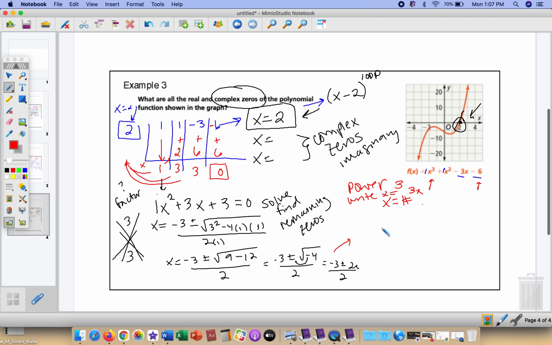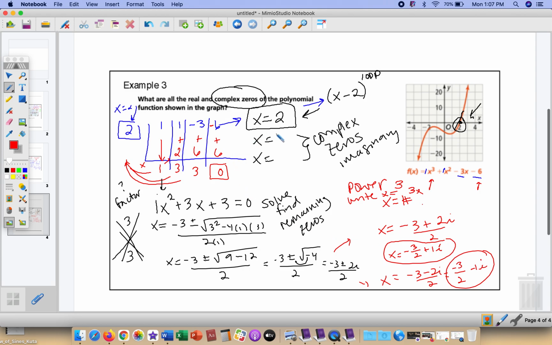If we said, okay, these are our values, x equals negative 3 plus 2i over 2, x equals negative 3 minus 2i over 2. On top, we can write this as negative 3 halves plus 1i. On bottom, we can write this as negative 3 halves minus 1i.